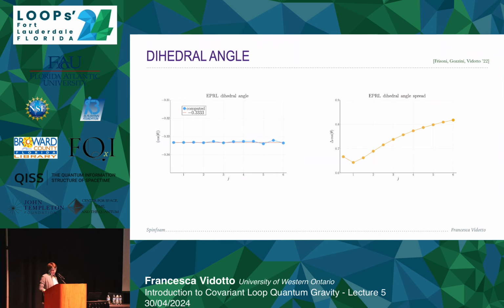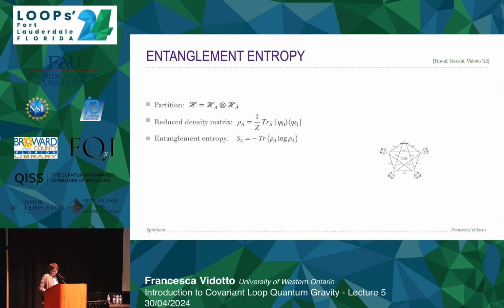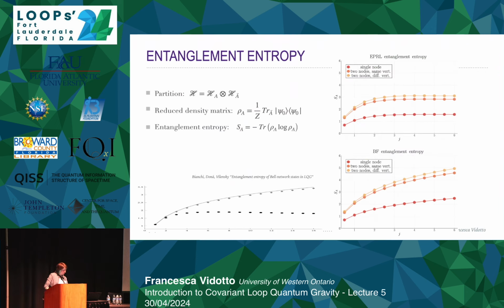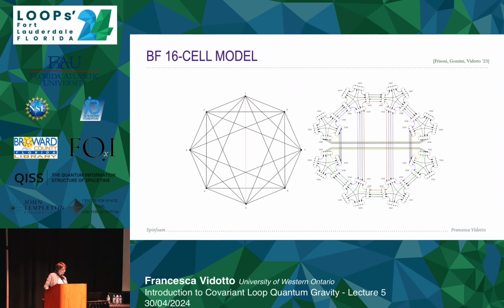So the right thing to do is to go here. So now you have a triangulation of the three-sphere with 16 cells.